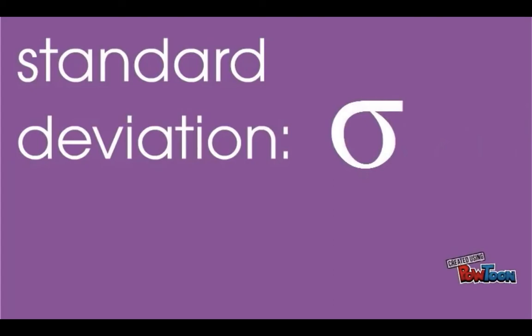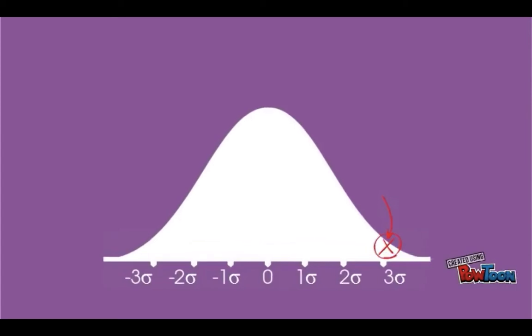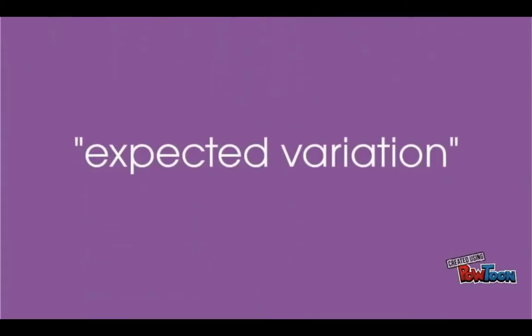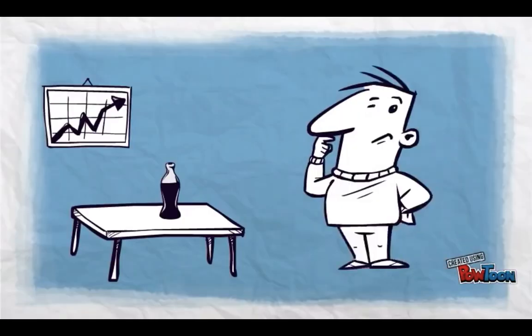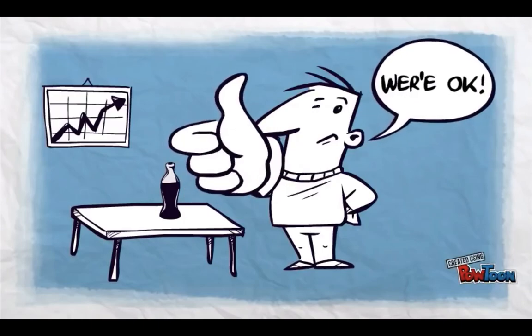A data point's distance from the mean can be measured by the number of standard deviations that it is above or below the mean. A data point that is beyond a certain number of standard deviations from the mean represents an outcome that is significantly above or below the average. This can be used to determine whether a result is statistically significant or part of expected variation, such as whether a bottle with an extra ounce of soda is to be expected or warrants further investigation into the production line.